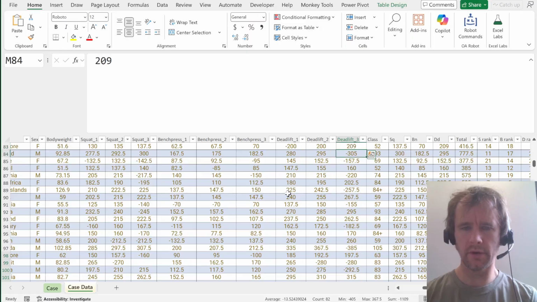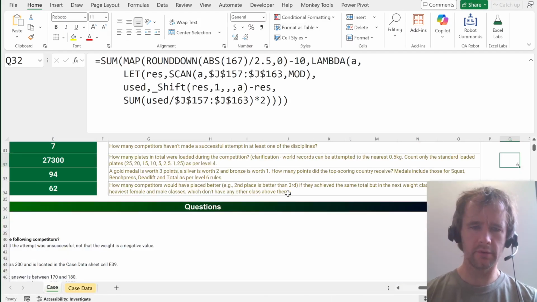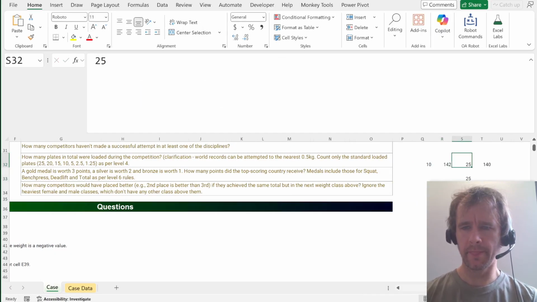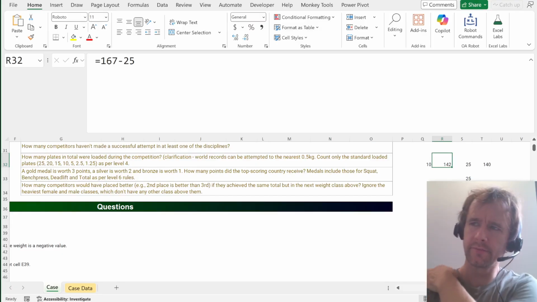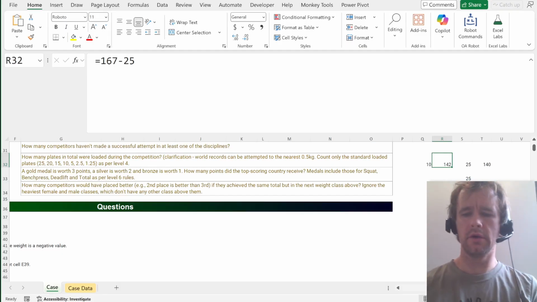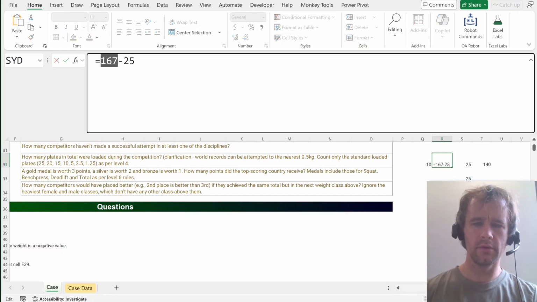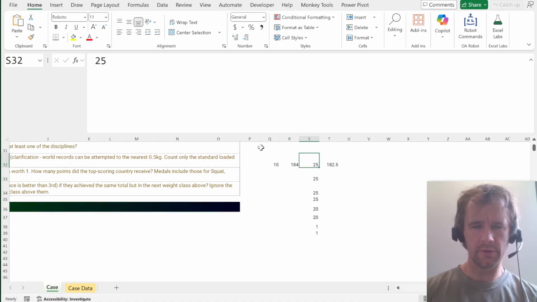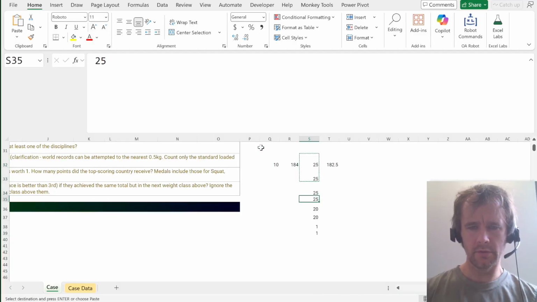$82, 209. Okay, so do we get 209 right? It says 10 plates, which, let's see, 209 minus 25, 184. So we're going to do 1, 2, 3, gets us to 150, yes.